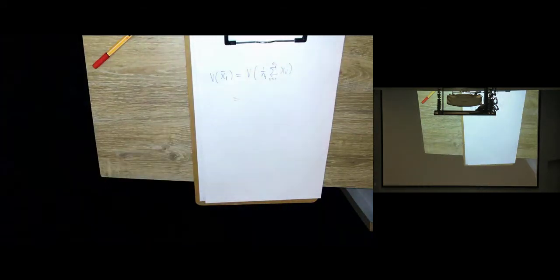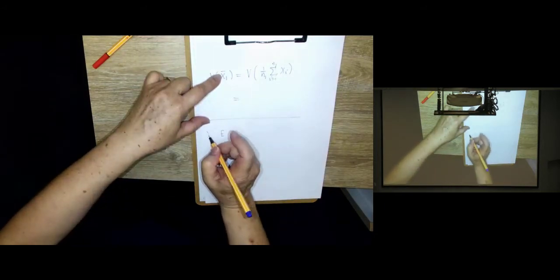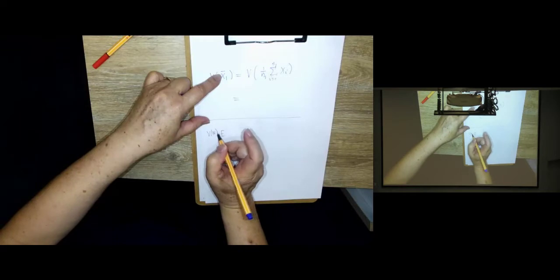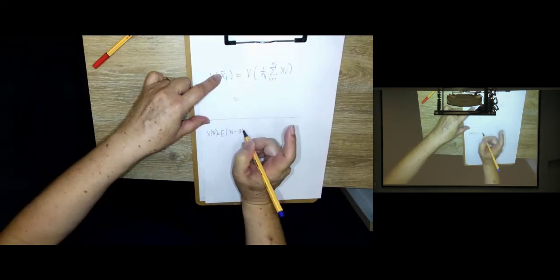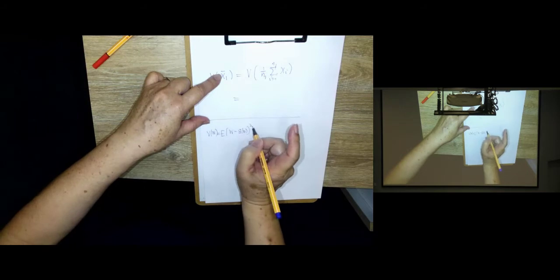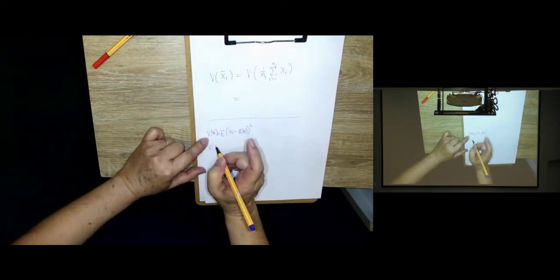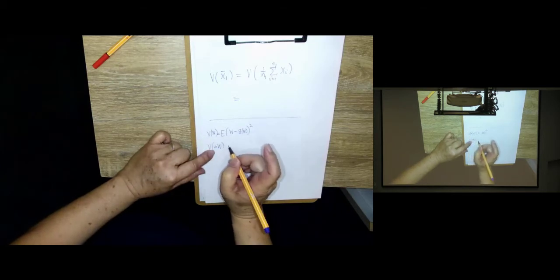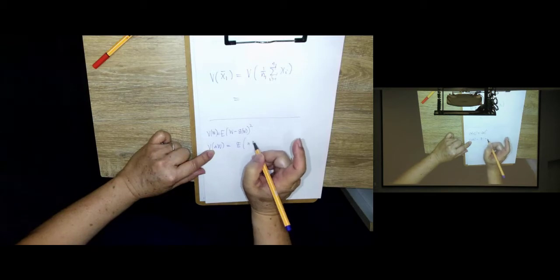Okay, remember the variance comes from something like this: the variance of, say, W is the expectation of W minus the mean of W, squared. So if you multiply W by a constant A, it would look like this.